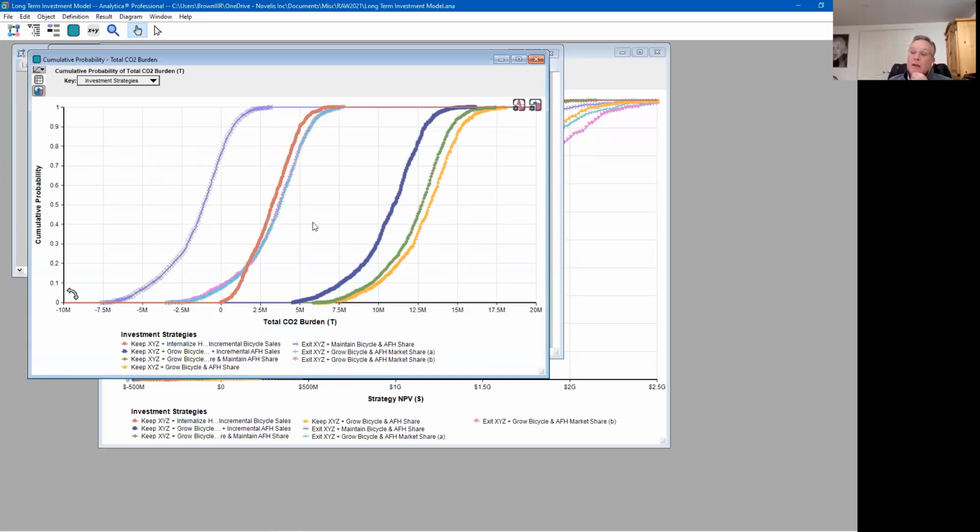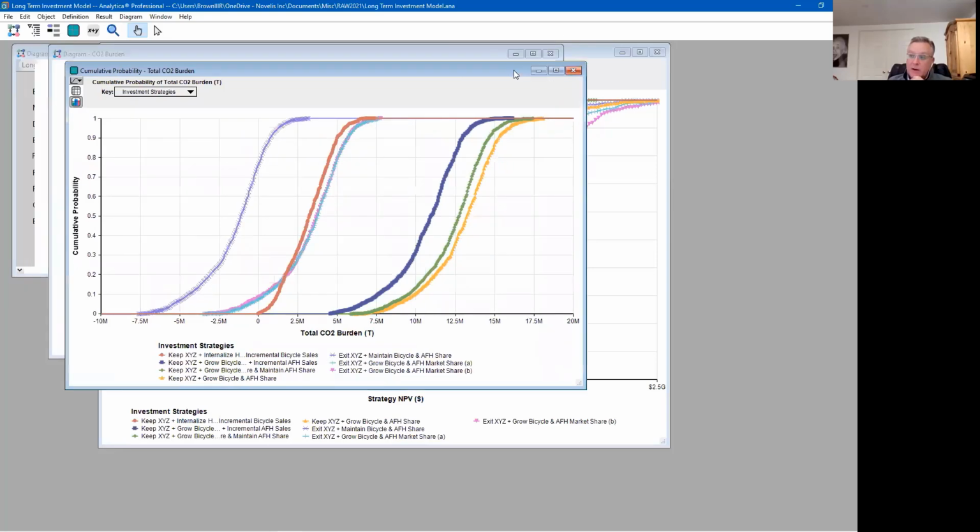So we'd be looking at, for a given strategy, the worst case being somewhere around 12.5 million tons of CO2 per ton associated with the total aluminum finished goods product that comes out of this particular strategy.